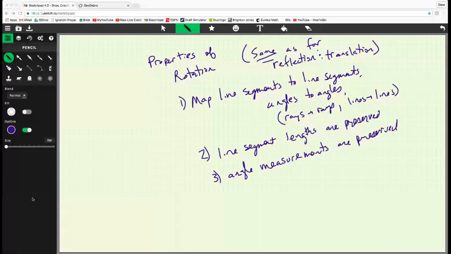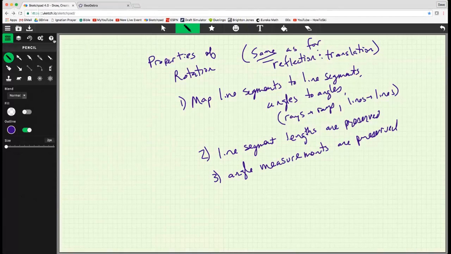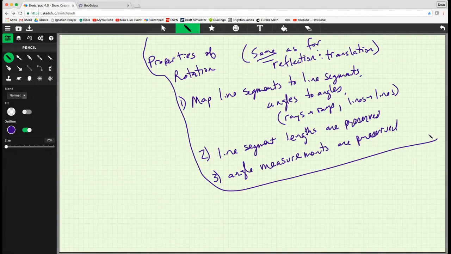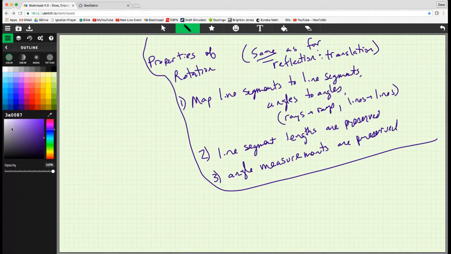One of the homework problems is going to be dependent on you knowing how to rotate using tracing paper. Okay, so let's look at our homework helper. So, homework help.